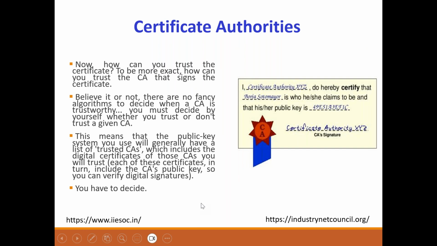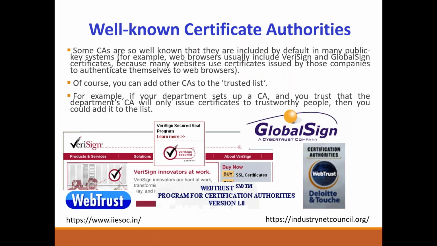But of course, the problem is: is a CA trustworthy? This has come up a fair amount, with CAs being impersonated. Most people use very well-known certificate authorities for this very reason: you don't want to use some CA which is not validated.